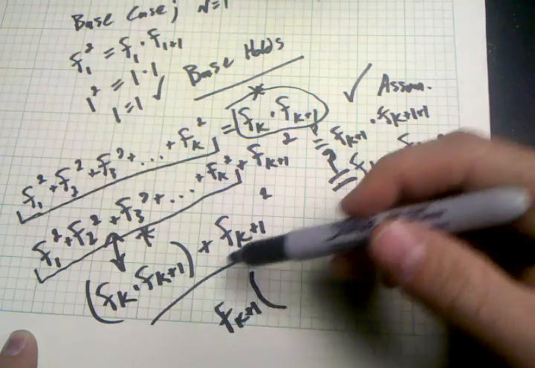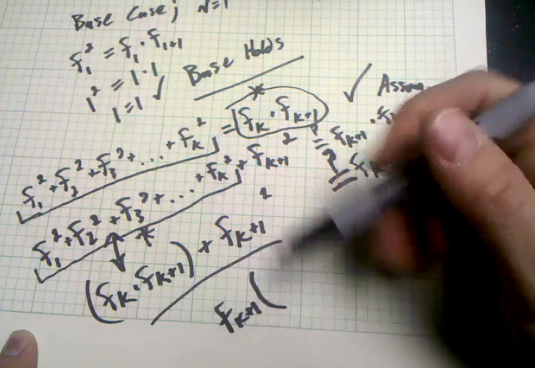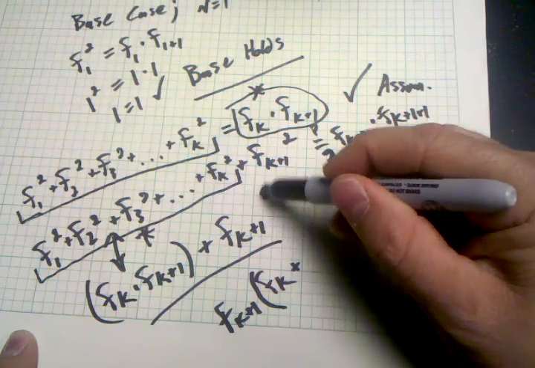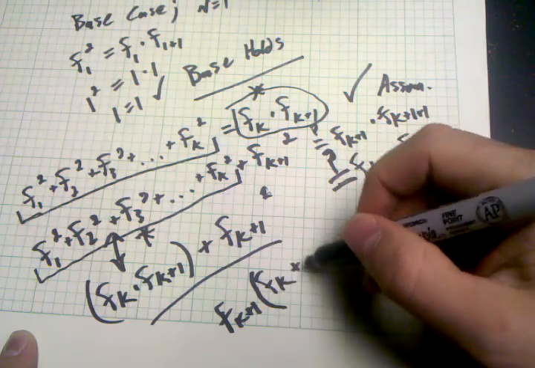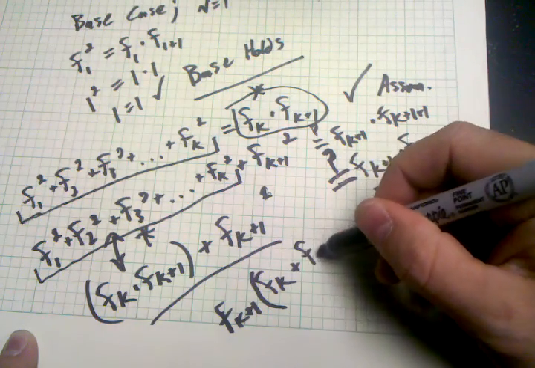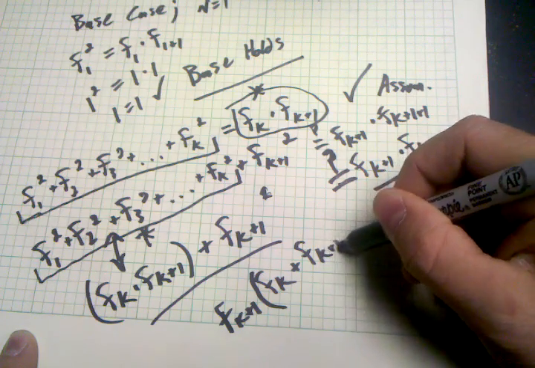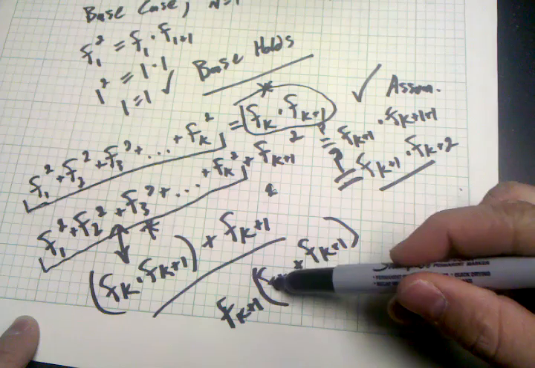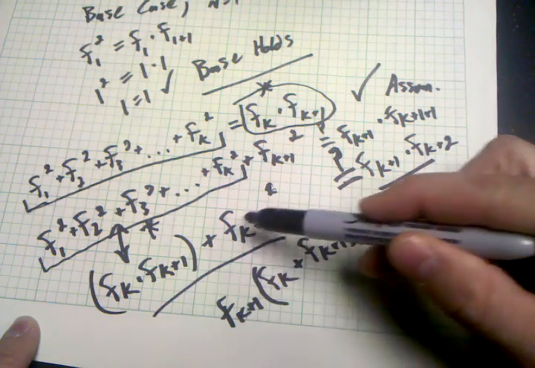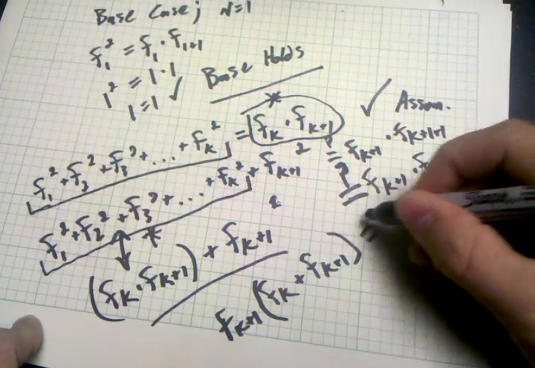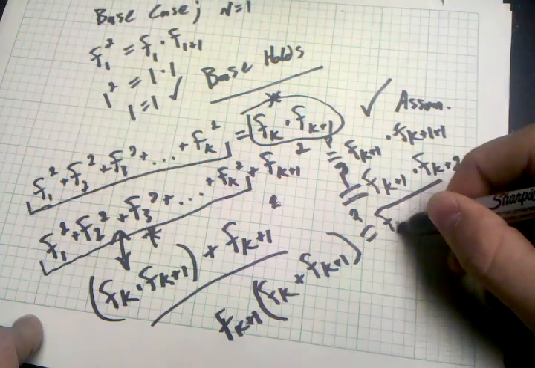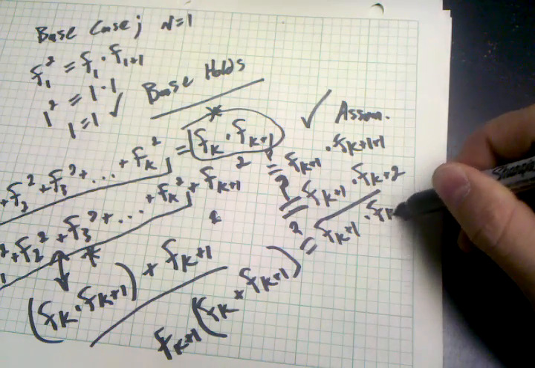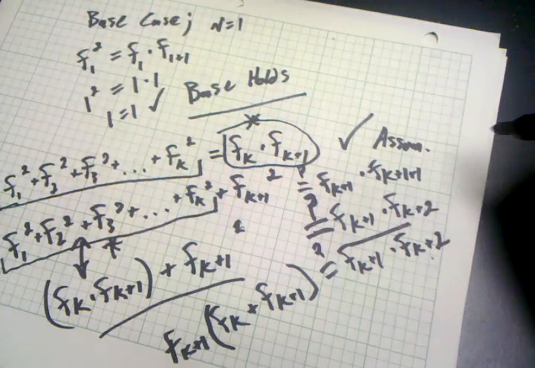That leaves f sub k, and since this is squared, if I factor one out, I'll have one left, so f sub k plus 1. Distribute that back in, it would give me this, distribute it here, it would give me that. Check. Now, is that equal to f sub k plus 1 times f sub k plus 2?